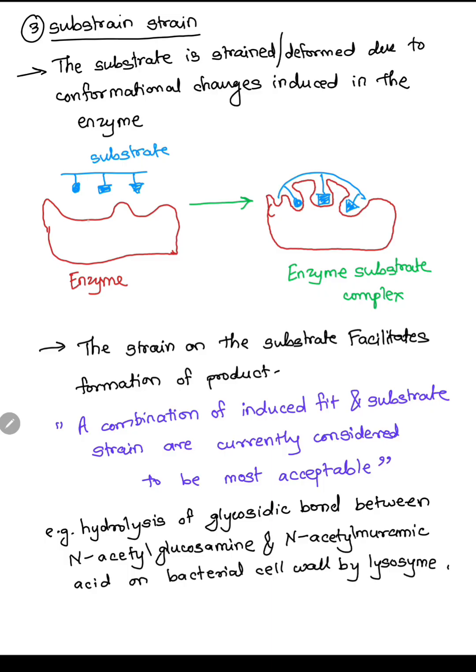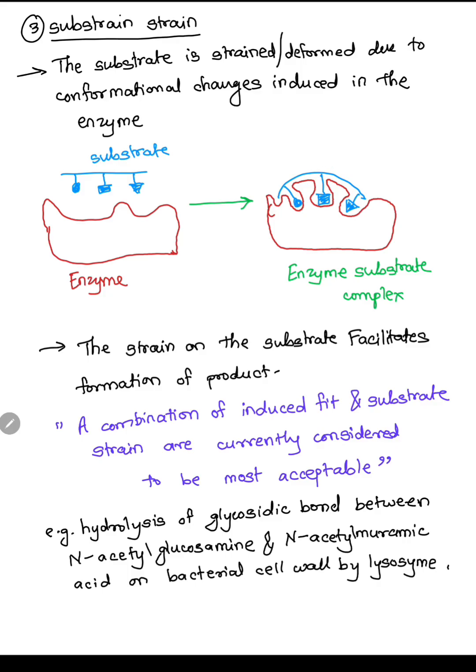As you can see here, the active site is not exactly complementary to the substrate, but as the substrate starts to bind, there is a change in the active site of the enzyme, and then it becomes more complementary, like a glove, hand in glove. And you can also see that the substrate has bent a little. There is a strain on the substrate as a result of binding to the enzyme. And this strain facilitates the conversion of substrate to product.